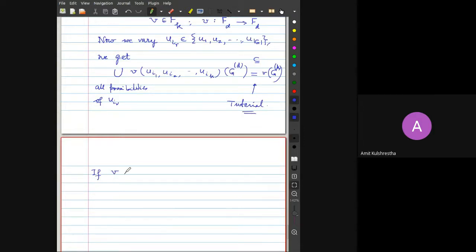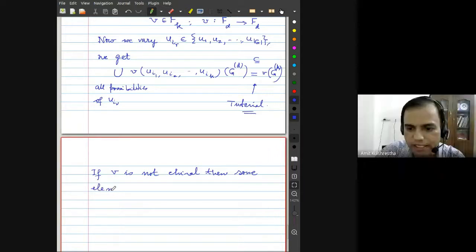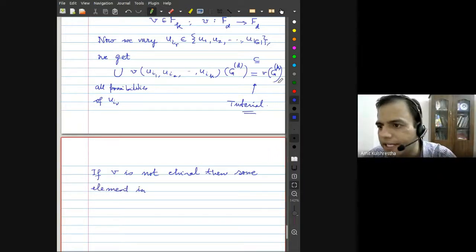So if V is not chiral, then some element here witnesses the chirality. Therefore, it belongs to some element of the union.